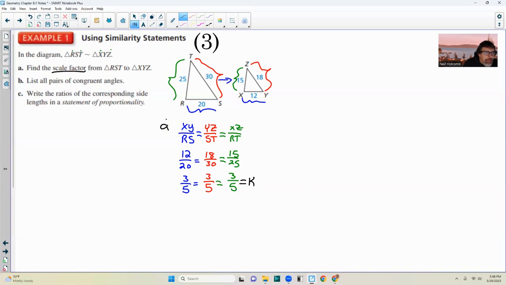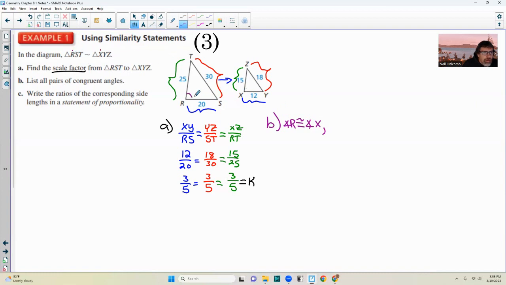So this is A. B says list all pairs of congruent angles. Let me erase these dots up here and do them one at a time. Angle R corresponds to X. So for part B, angle R is congruent to angle X. That's the first and the first.